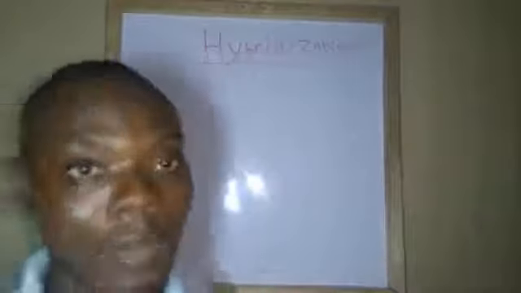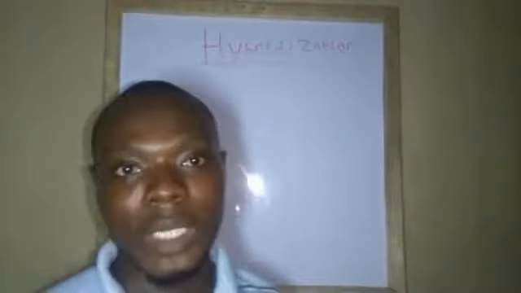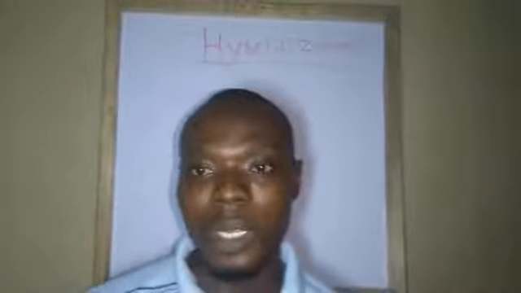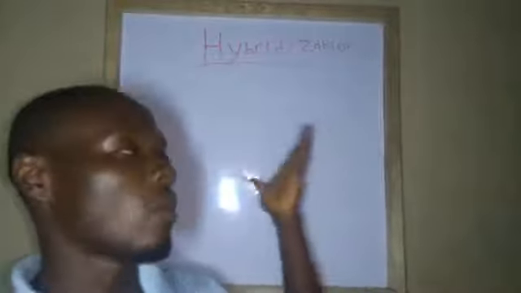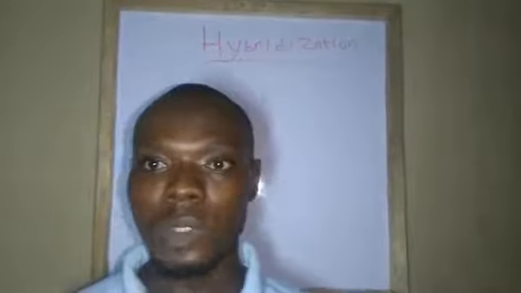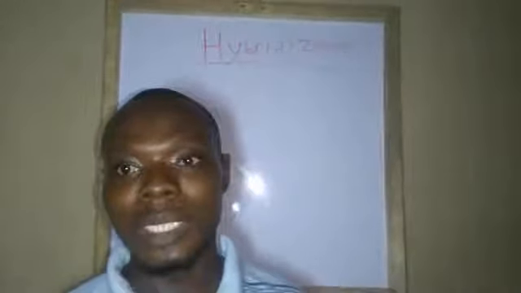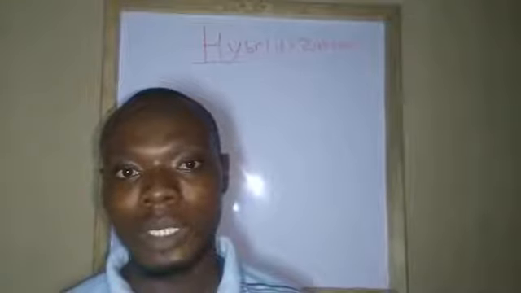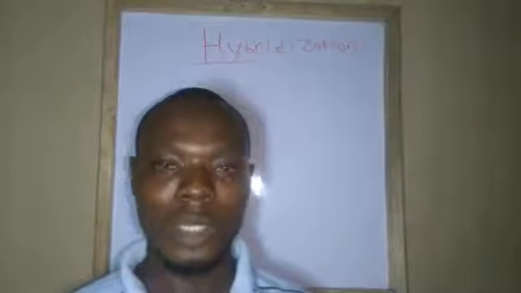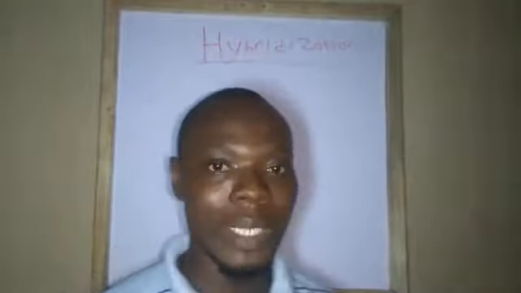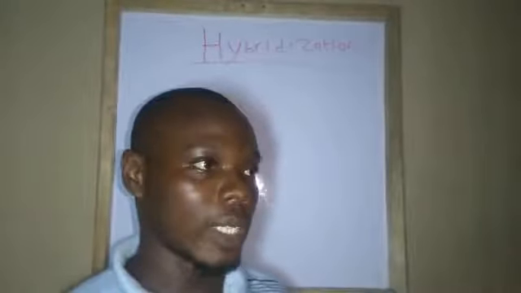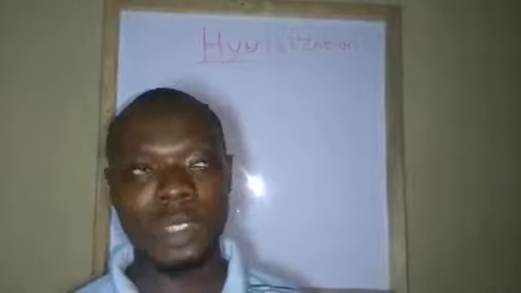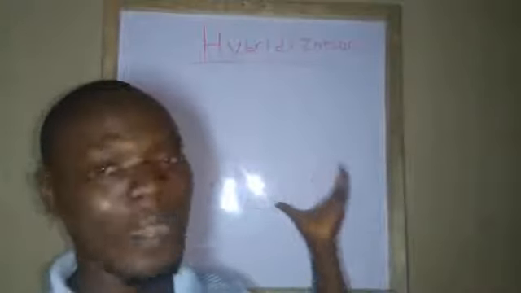I have some compounds here for which I will be doing the hybridization and showing how it looks. To be able to check the hybridization of a compound, as I said in the previous video, you need to know the central element. The central element is usually the element that comes first. Most of the work is with the central element.